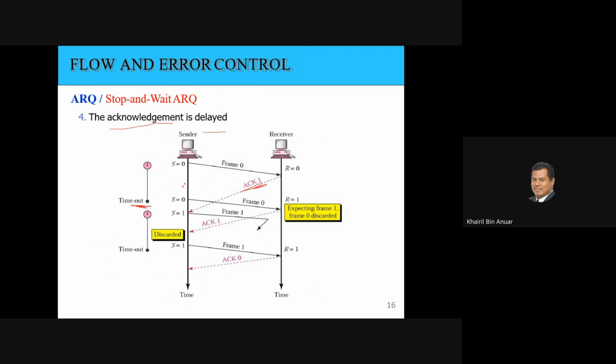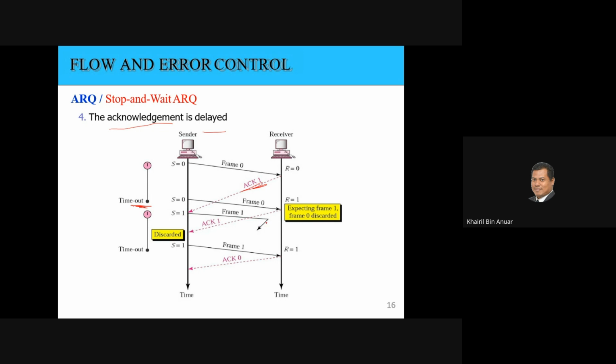When the time is out, the sender sees, oh, I didn't receive the acknowledgement packet, so it sends back the frame packet of 0. Then it receives the acknowledgement packet, and then it sends frame 1.